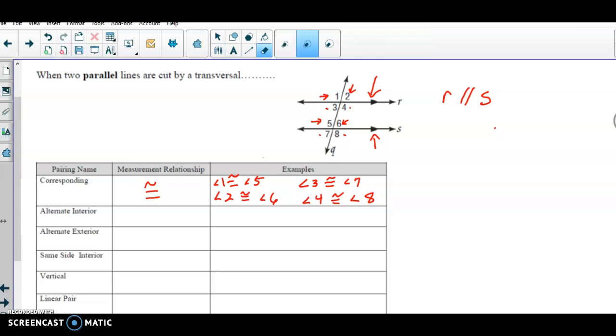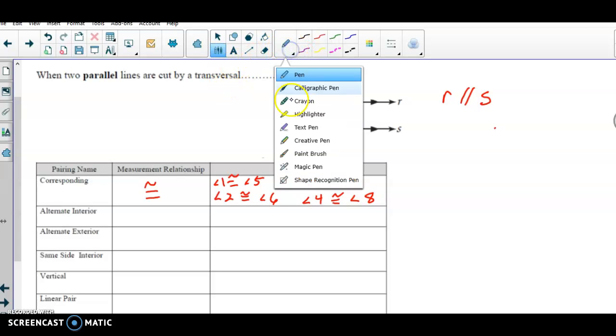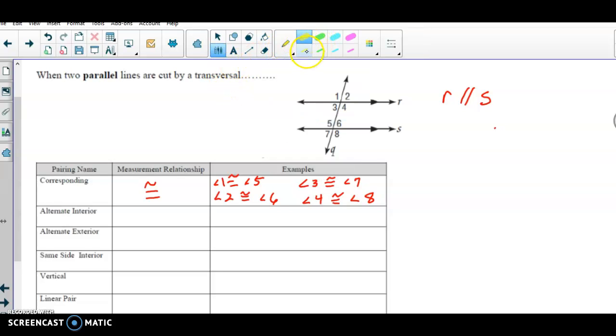Okay, so now let's take a look at another set of angle combinations. Let me use the highlighter here. I think it'd be easier to do with highlighter color. Alright, so now we want to look at alternate interior angles. Alternate interior angle pairs would be 3 and 6 and 5 and 4.